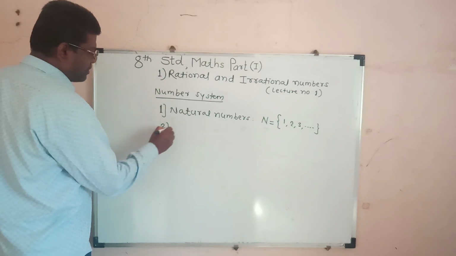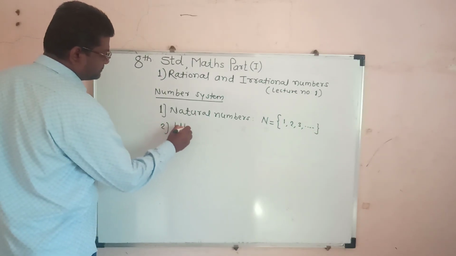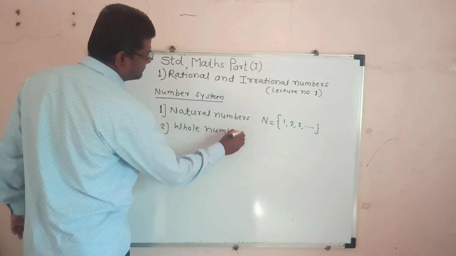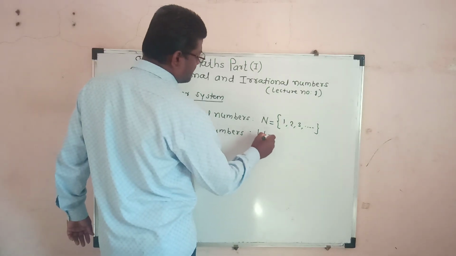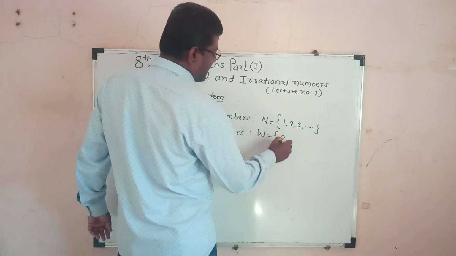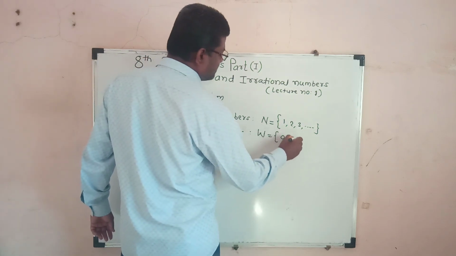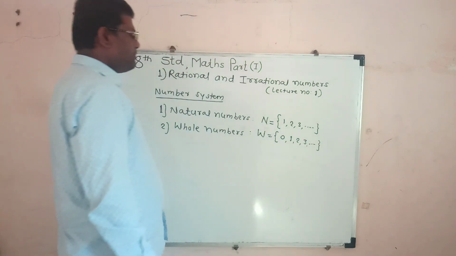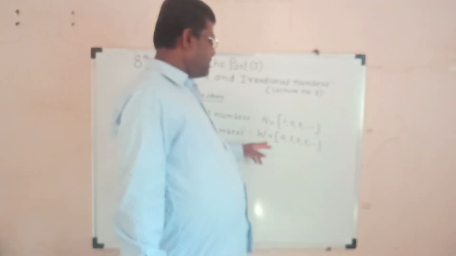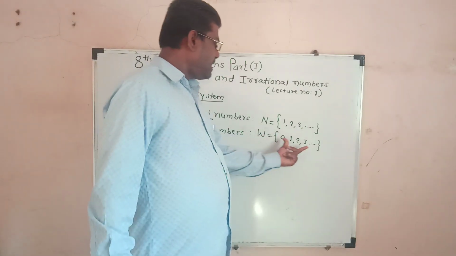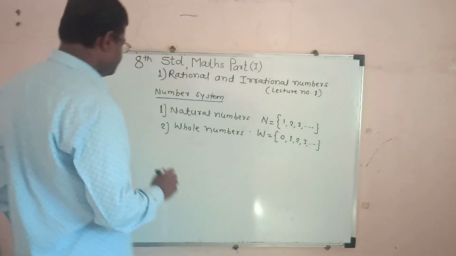Then whole numbers. The whole number set is denoted by capital W and it is given by {0, 1, 2, 3, ...}. There are infinite whole numbers. So whole numbers is a set of 0 and natural numbers.